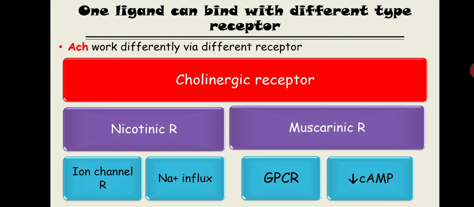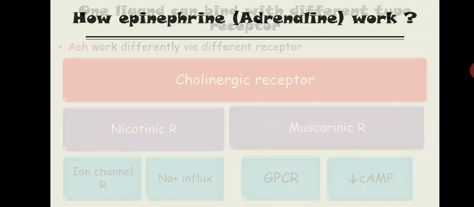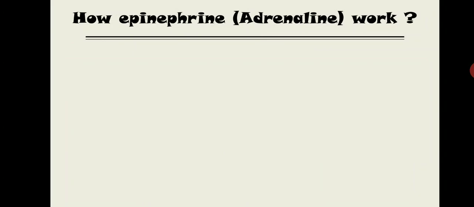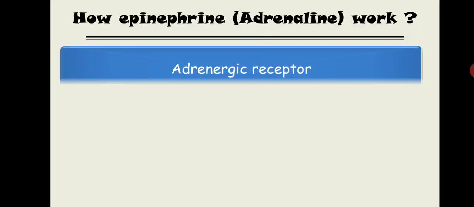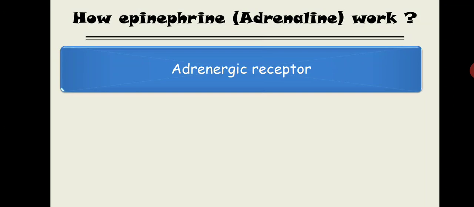Now let me give you another example. This one is a little bit trickier. That one is epinephrine. How will epinephrine or adrenaline work? Epinephrine or adrenaline will work via the adrenergic receptor. Now the adrenergic receptor has two subtypes. One is alpha, another one is beta.